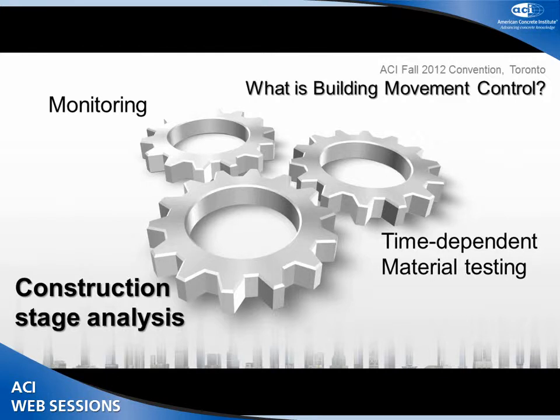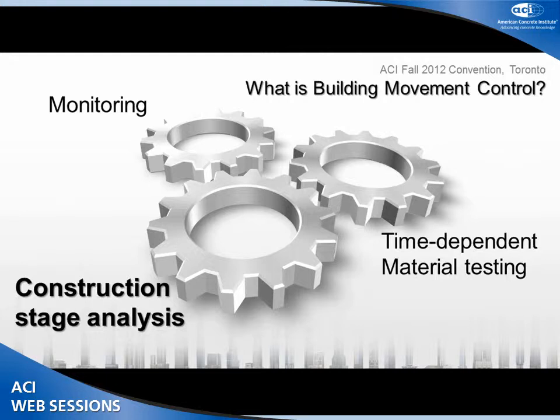Now, Chapter 2, Building Movement Control Technology. As shown in previous slides, the building movement is very important, and its prediction is necessary for precise and safe construction of high-rise buildings.